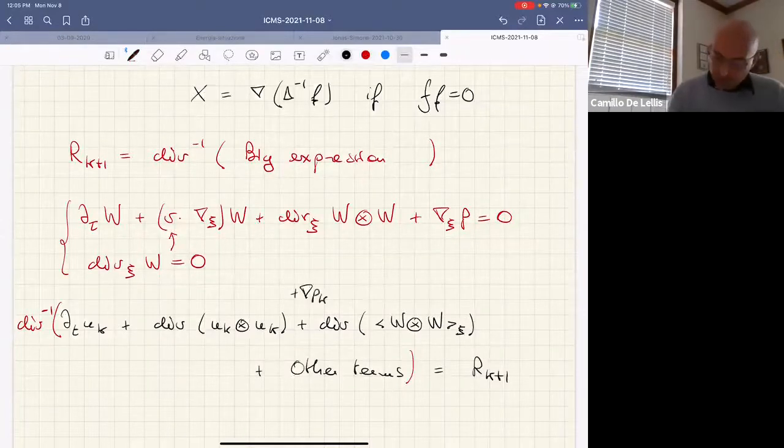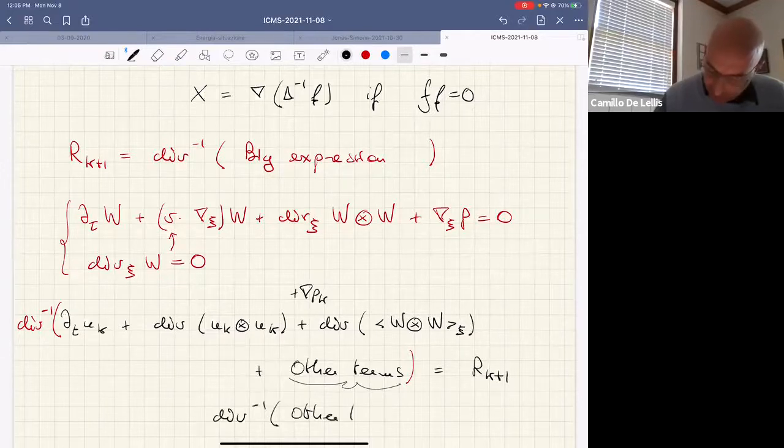I'm not going to show you, but we will make some more precise computations: all these other terms, when I apply this divergence to the -1, give me a 1 over lambda.